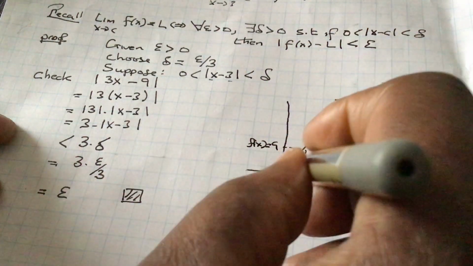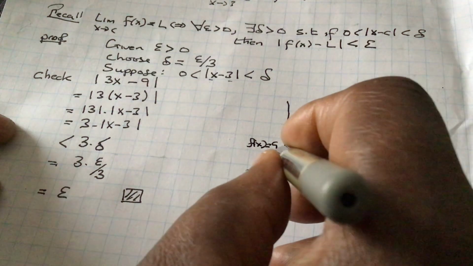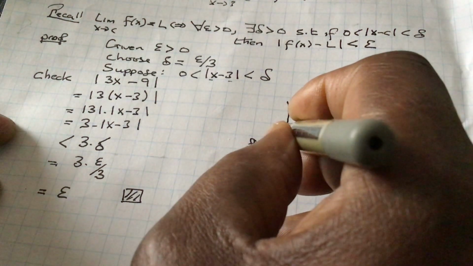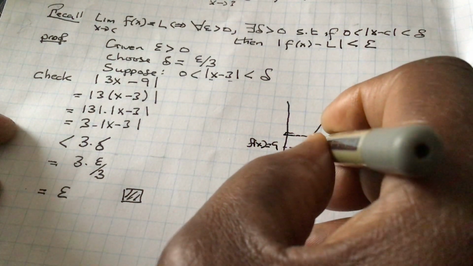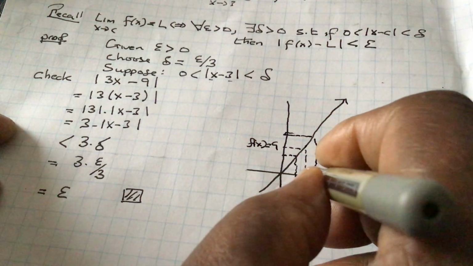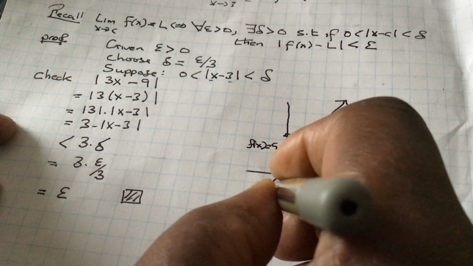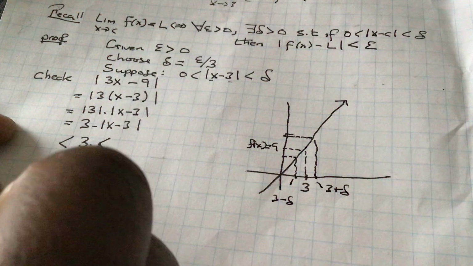The next thing we need to do is to find, if I draw a horizontal line here, let's call this 3 plus delta and call that 3 minus delta.